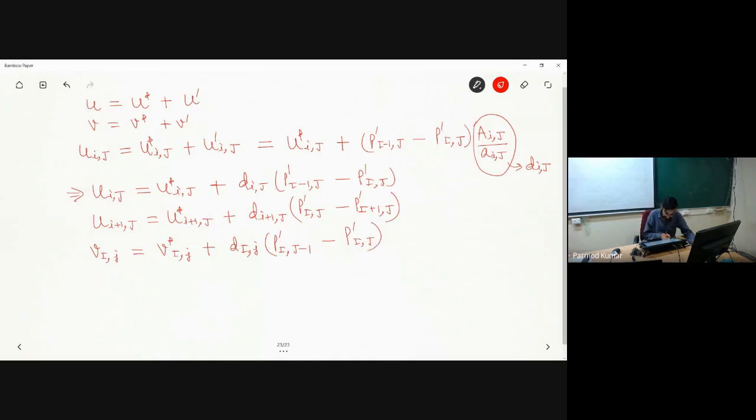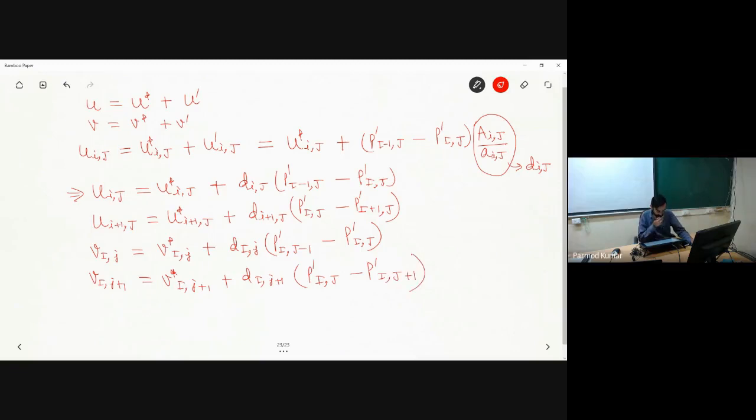Then similarly, I have to calculate v at point I comma j plus 1. That will be v star at point I comma j plus 1 plus d of I comma j plus 1 times p dash I comma j minus p dash I comma j plus 1.